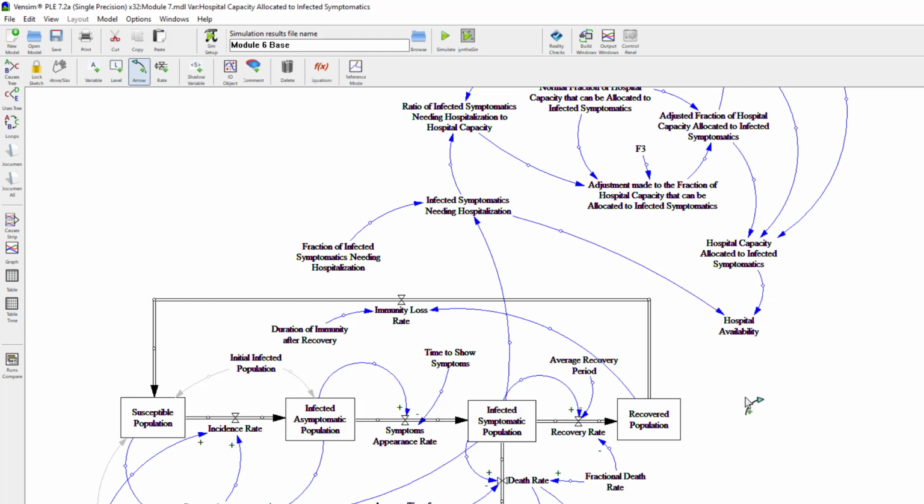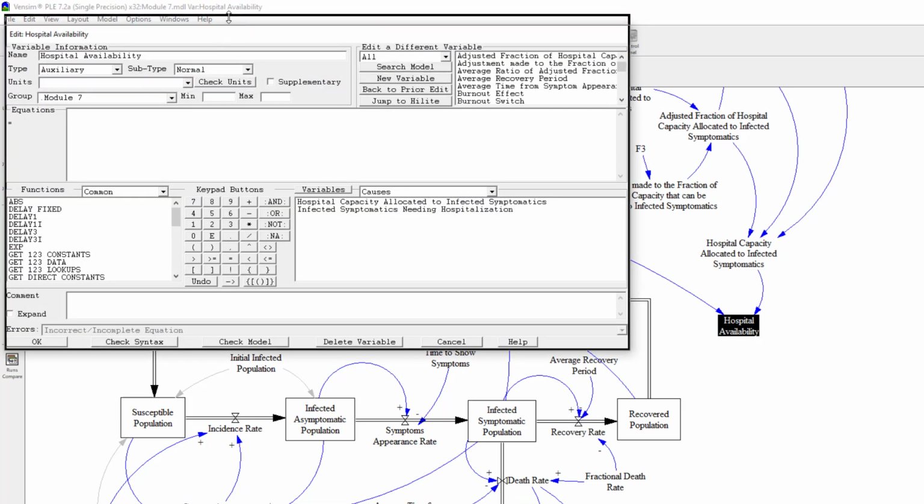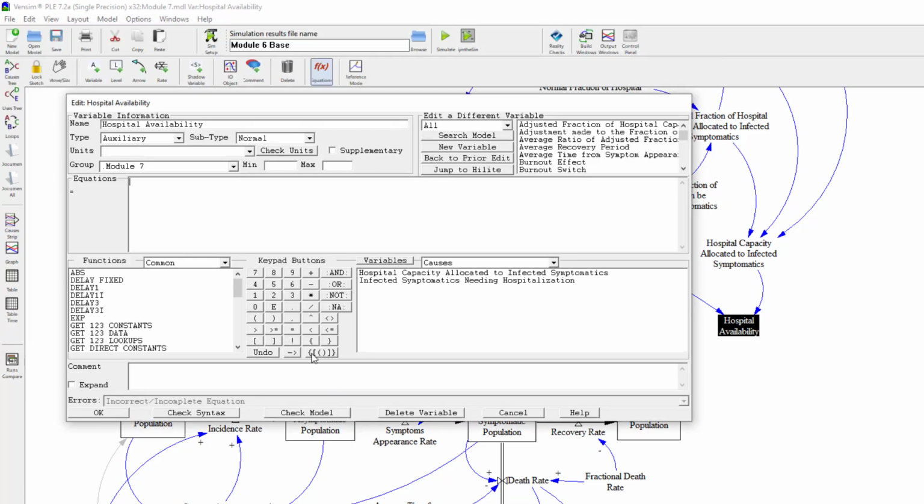That's what we're going to do. So the question here is: is the hospital available?